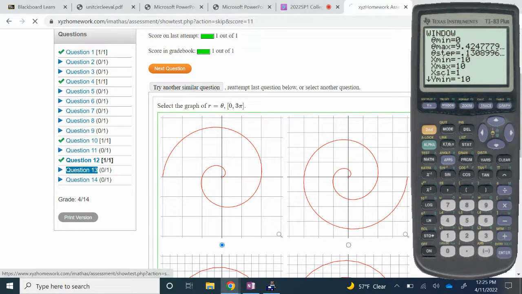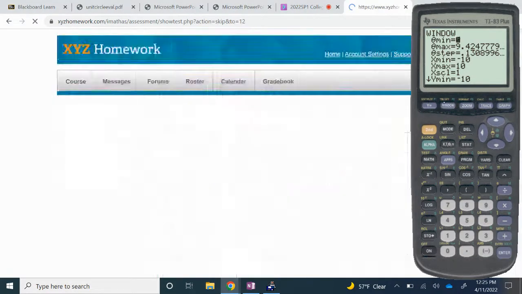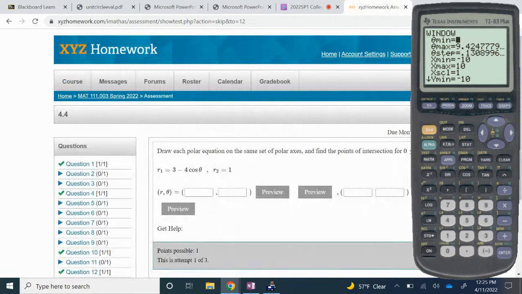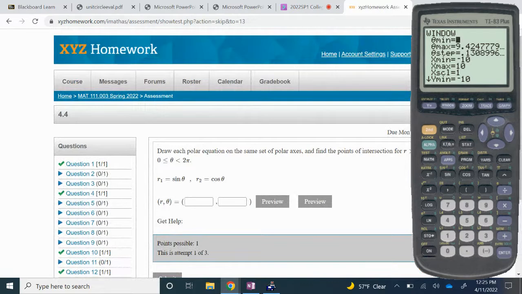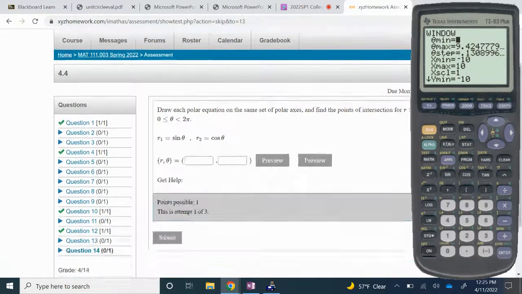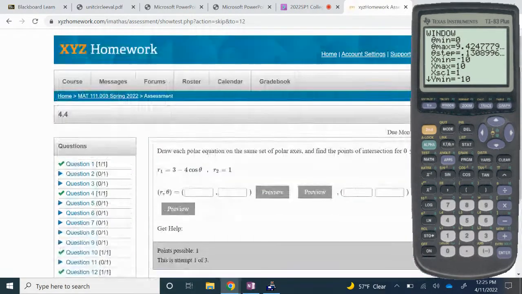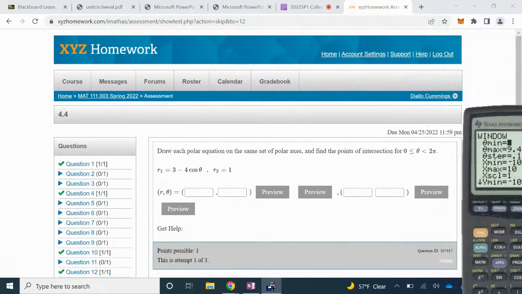Now we have two more. There's number 13 and there is number 14. All right, so let's take a look at 13. Okay, now this says draw each polar equation on the same set of polar axes, and it wants us to find the intersection. All right, and it wants the intersection from 0 to 2 pi.